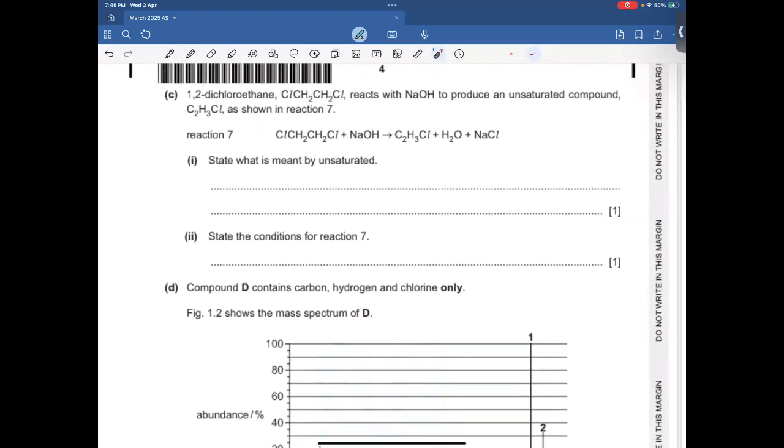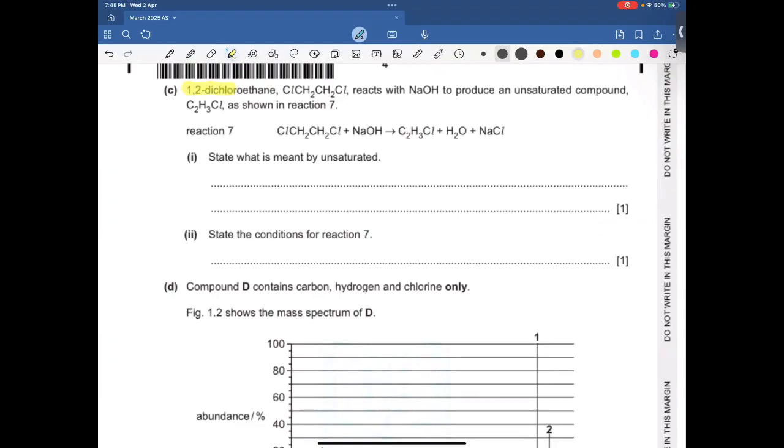Oh my goodness, that's part C. 1,2-dichloroethane is basically an alkyl halide. It reacts with NaOH, and remember NaOH is basically the nucleophile, to produce an unsaturated compound.